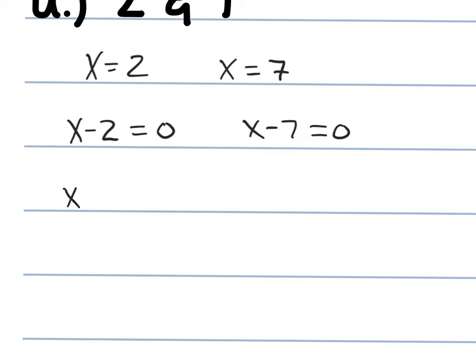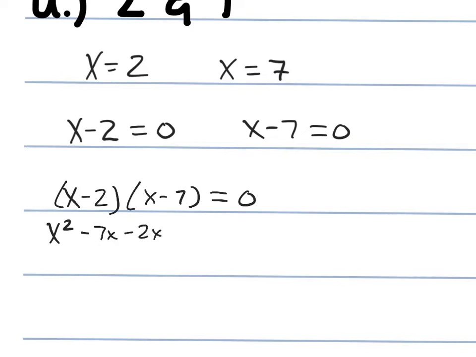And we would end up at x minus 2 times x minus 7 is equal to 0. From there, I'm going to FOIL this out, and we're going to get x squared for the first term, minus 7x minus 2x, and positive 14 is equal to 0, which becomes x squared minus 9x plus 14 is equal to 0. So we get here.